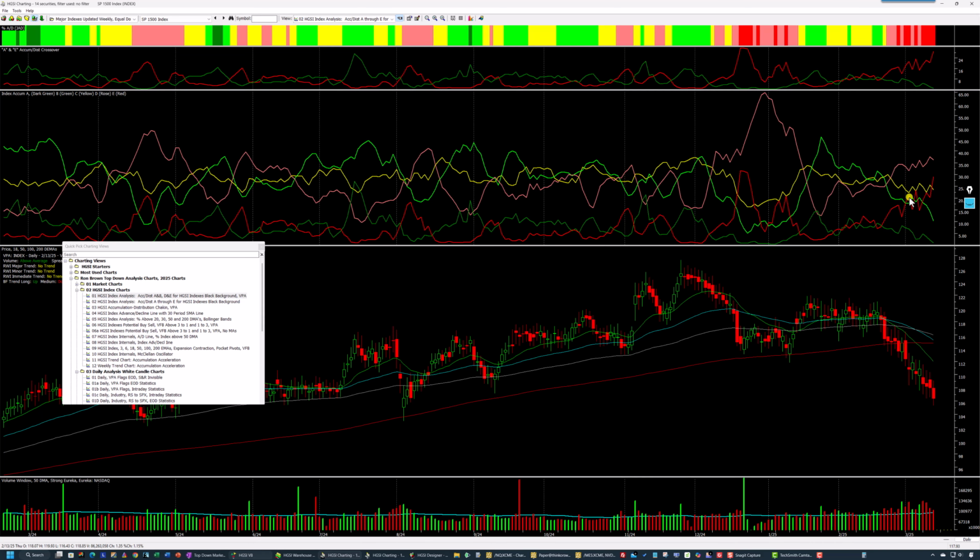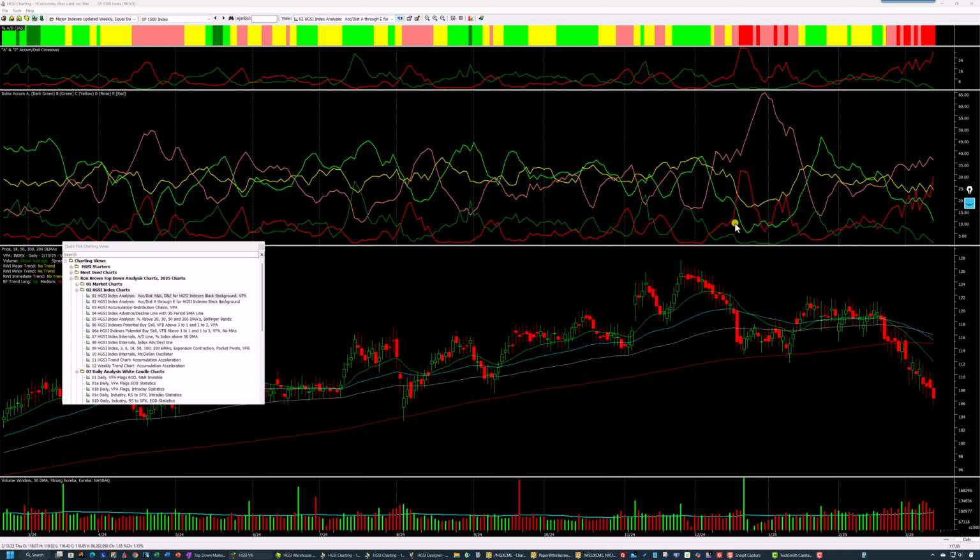You can see money coming out of A, and it's coming out of B, and it's kind of coming out of C, but it's going into D, and it's going into E. So that's the way it works. It's just a nice visual of how the accumulation is rotating in and out.